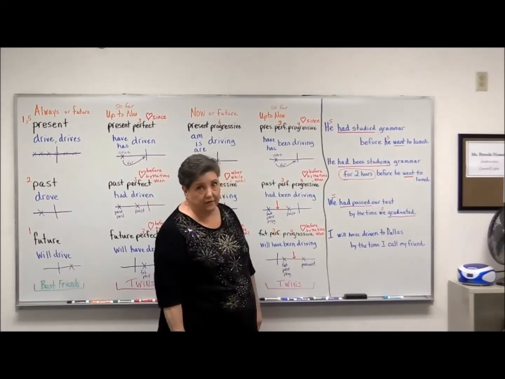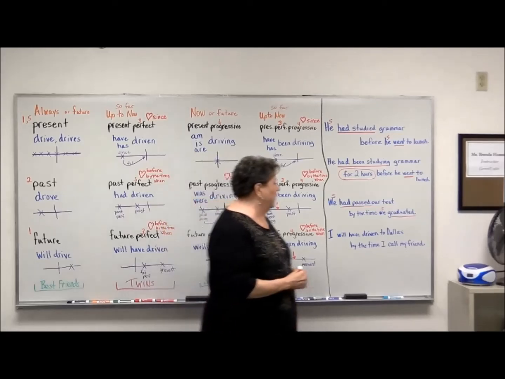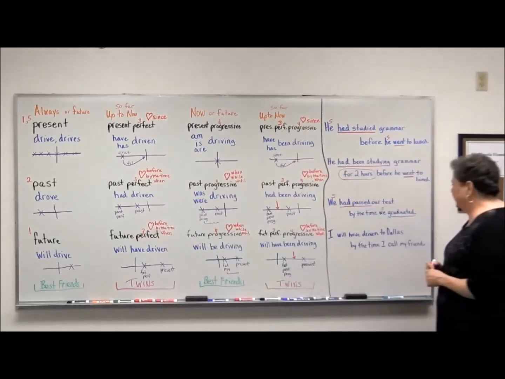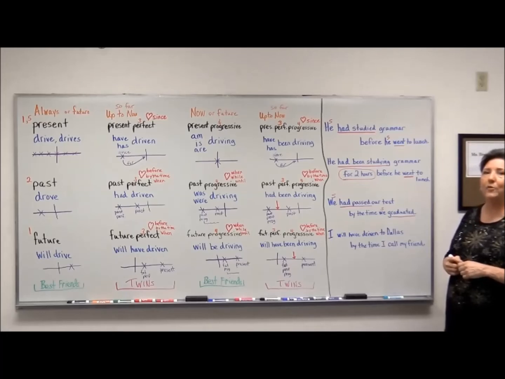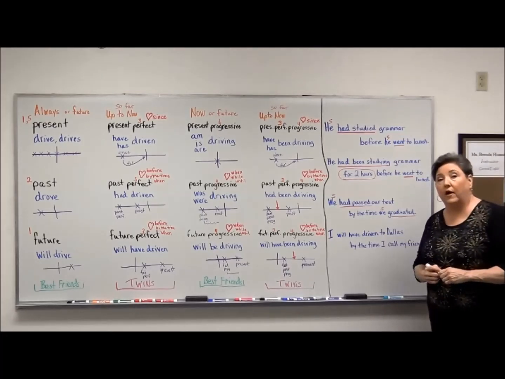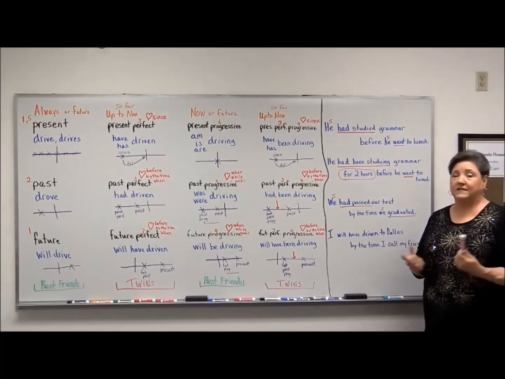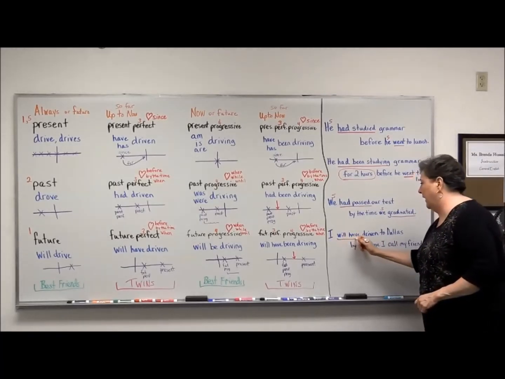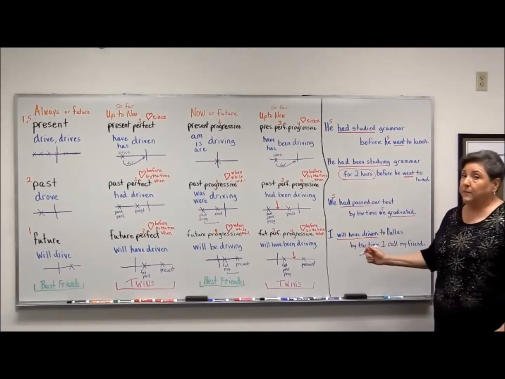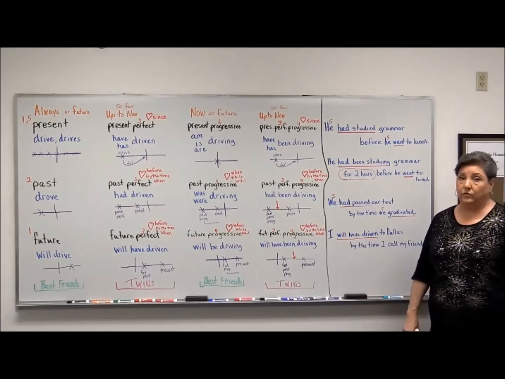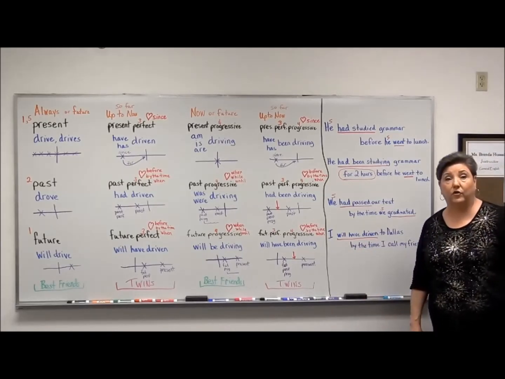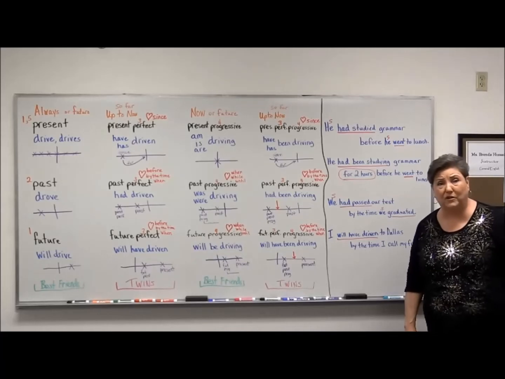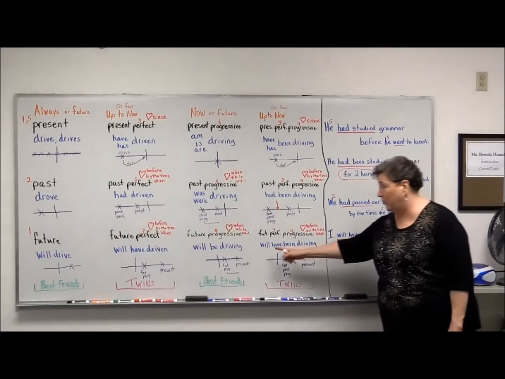So look at the example I gave you here for the future perfect. Let's read the sentence and find the verb. I will have driven to Dallas by the time I call my family. Before I call my family, when I call my family, it doesn't matter which one you use. It's a time word. Will have driven. This might be completely new to you, that when I tell you to underline a verb, I'm underlining 3 words, or sometimes 4.